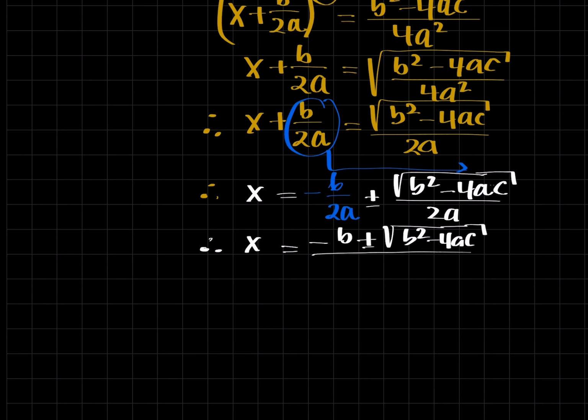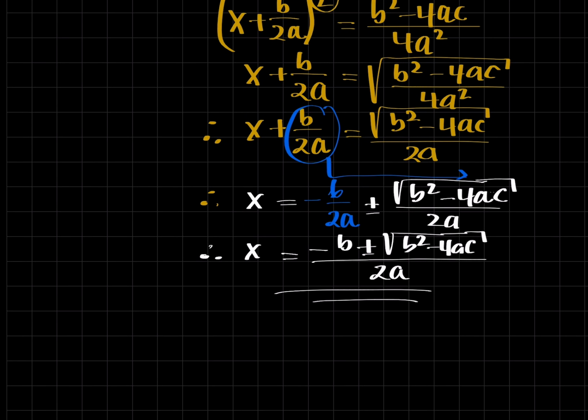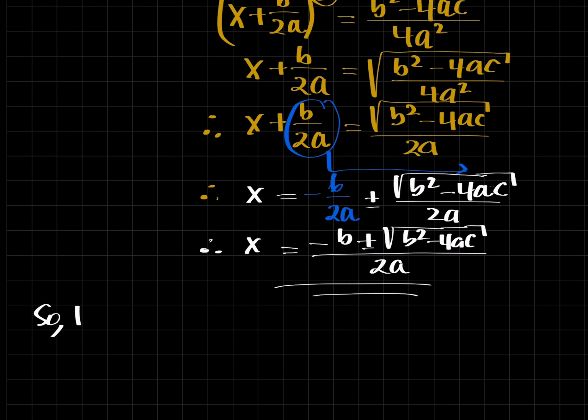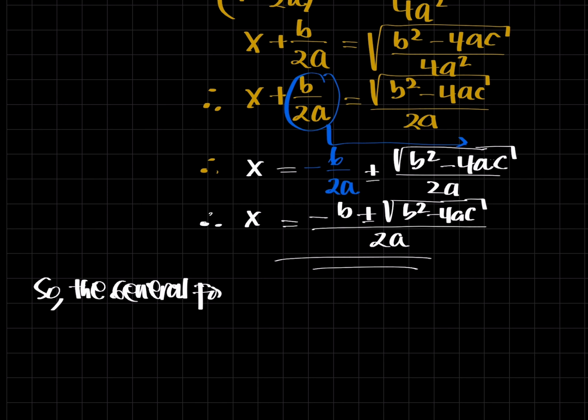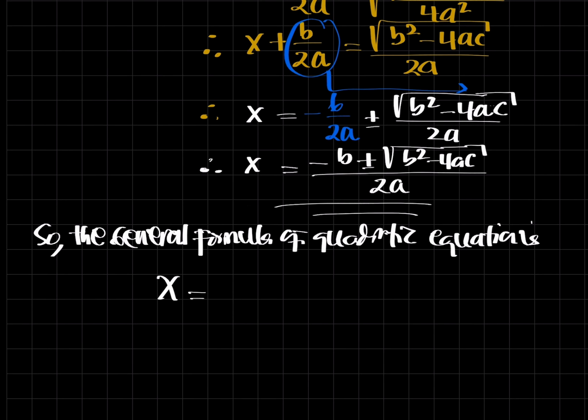So that is the way we can find the general formula of the quadratic equation: x equals negative b plus or minus the square root of b squared minus 4ac, over 2a. So that is exactly the general formula.